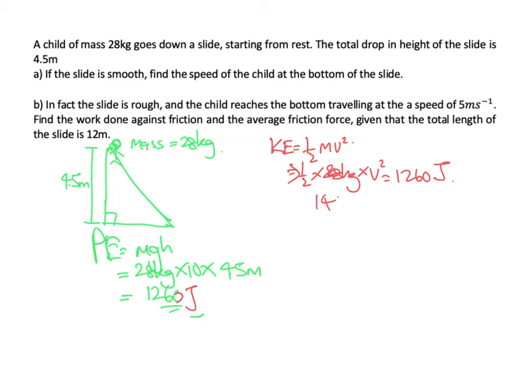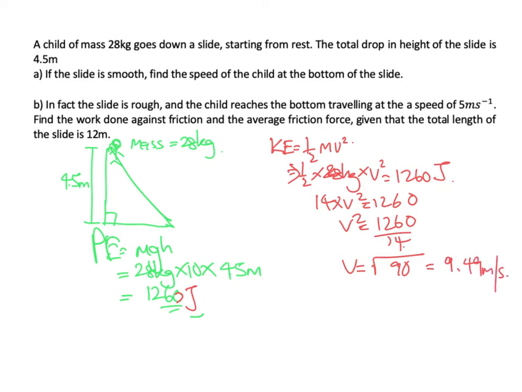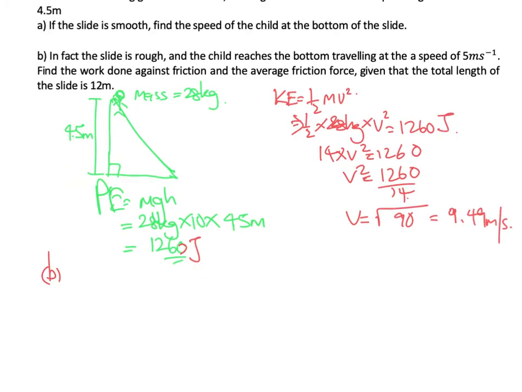So this is 14 times v square equals 1260. So v square equals 1260 divided by 14, which is 90, and v equals the square root of 90, and the answer is 9.49 meter per second.